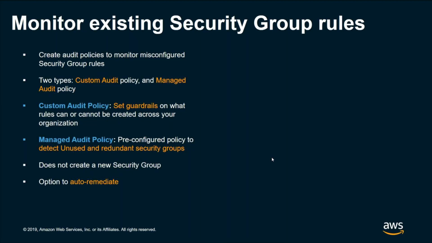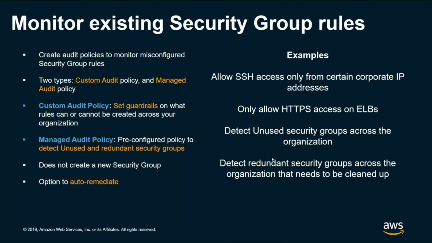Some of the examples for this policy type: previously we looked at how you can configure a common policy to allow SSH from a known set of corporate IP addresses, but that does not prevent anybody else from adding another rule that opens port 22 for a wider set of IP CIDR blocks.